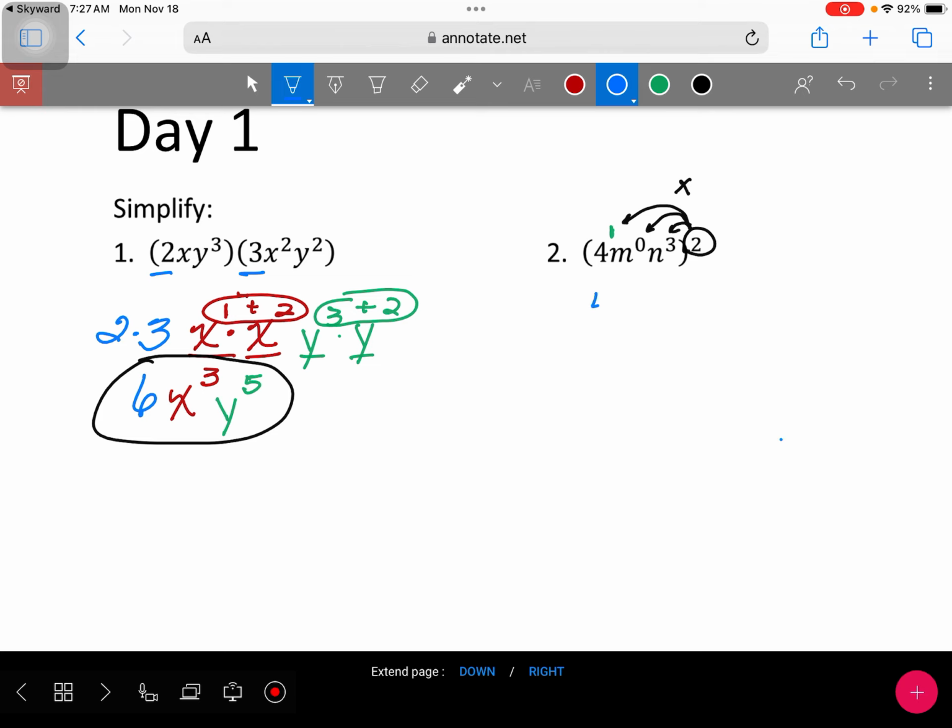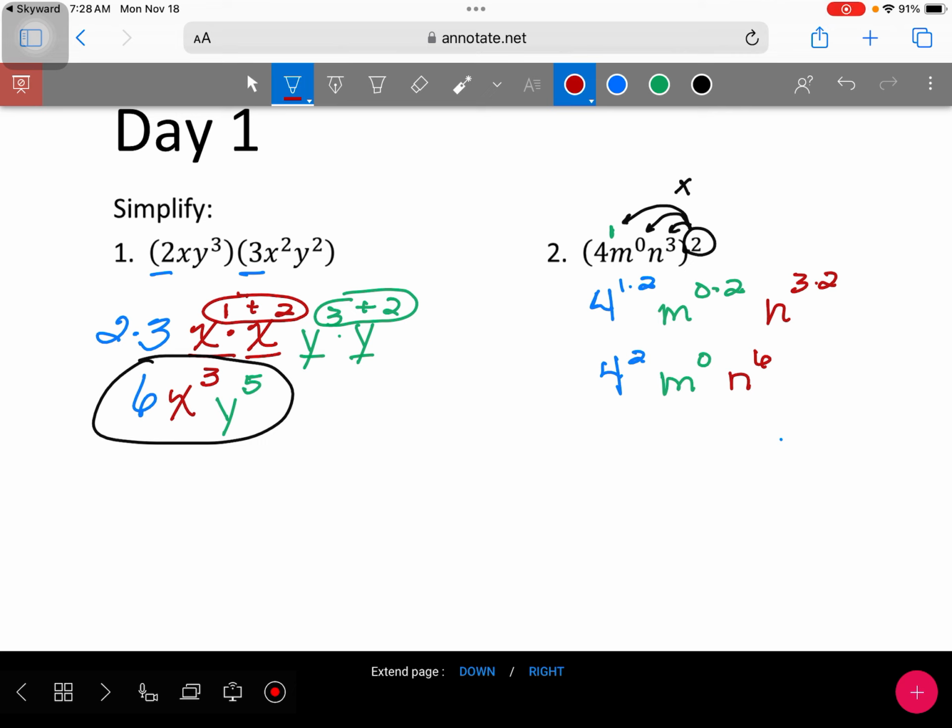So that is 4 to the 1 times 2, m to the 0 times 2, and n to the 3 times 2. So this becomes 4 to the second, m to the 0, because 0 times 2 is 0, and n to the 6th.